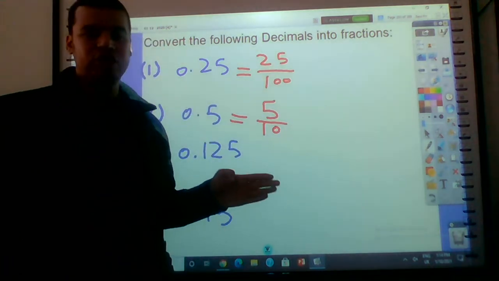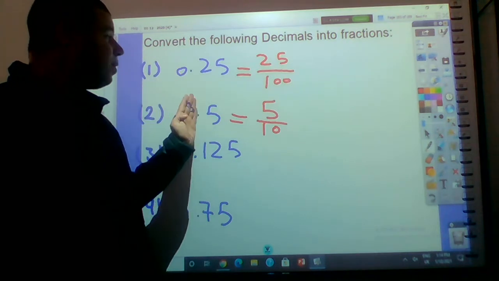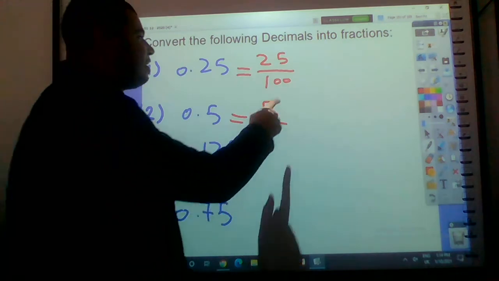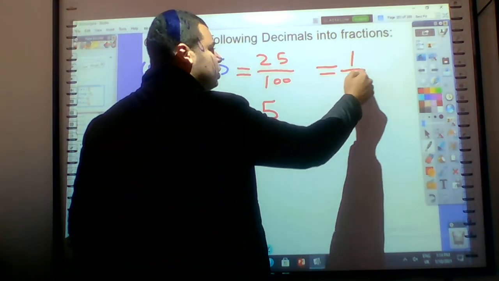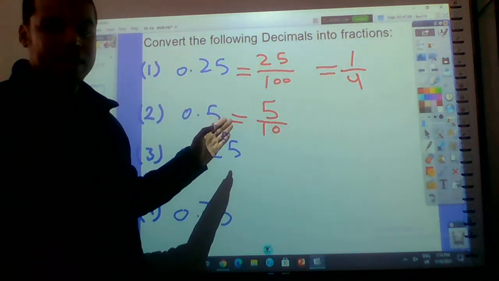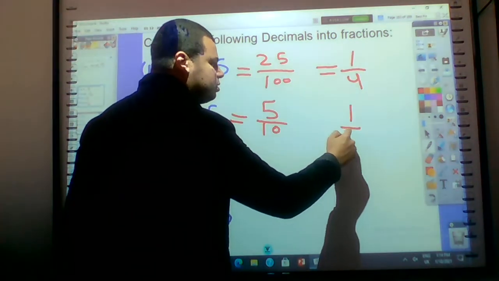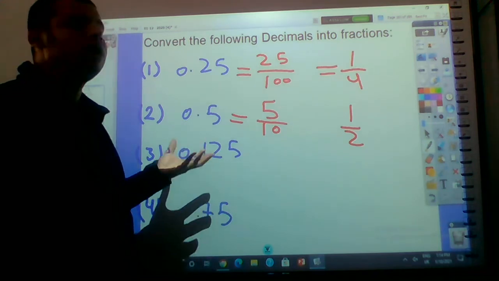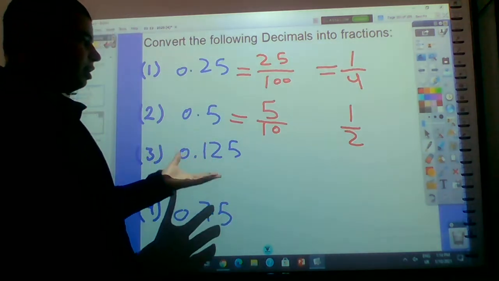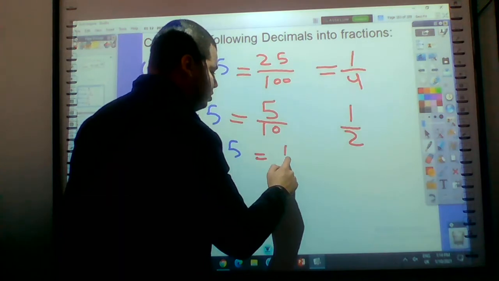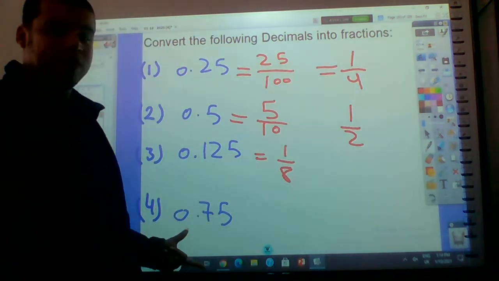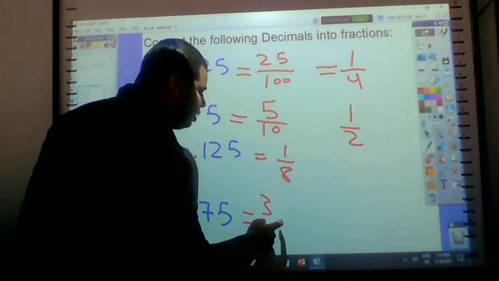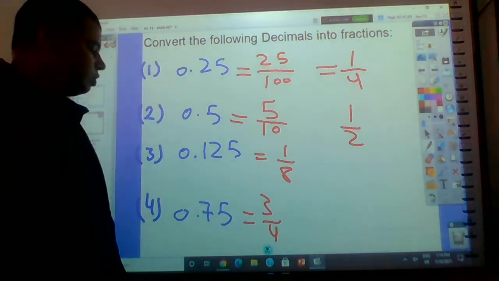But guys, I need you to know something. 0.25, once you see it, just remember that it is a quarter. And 0.5 is just a half. 0.125, which is 125 thousandths, is 1 over 8. 0.75 or 75 hundredths is 3/4.